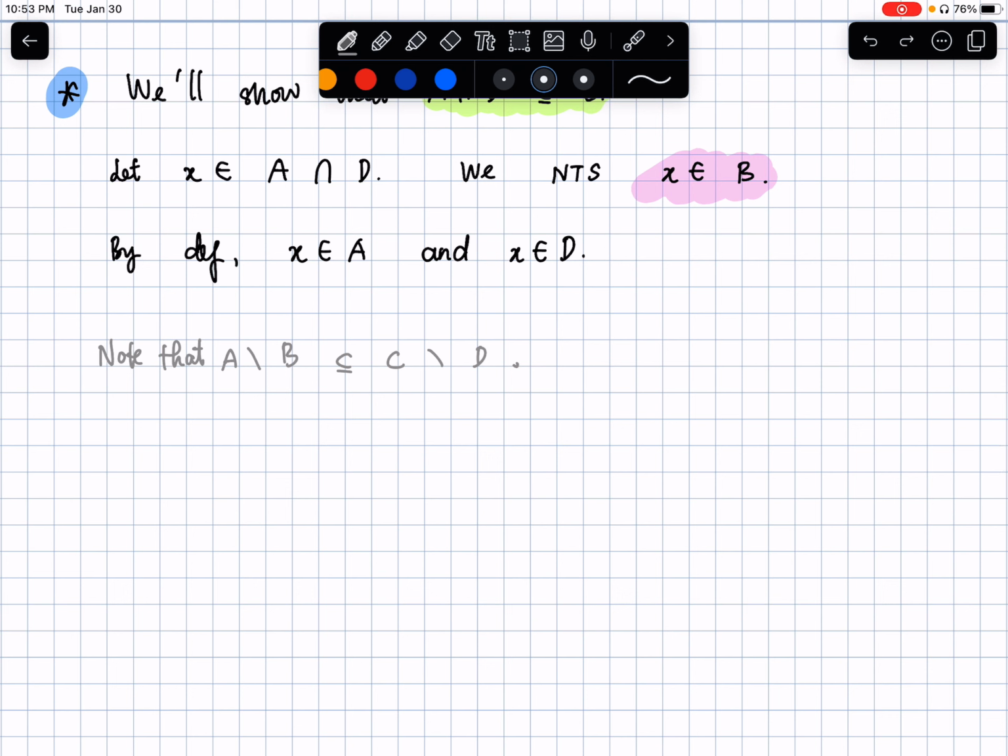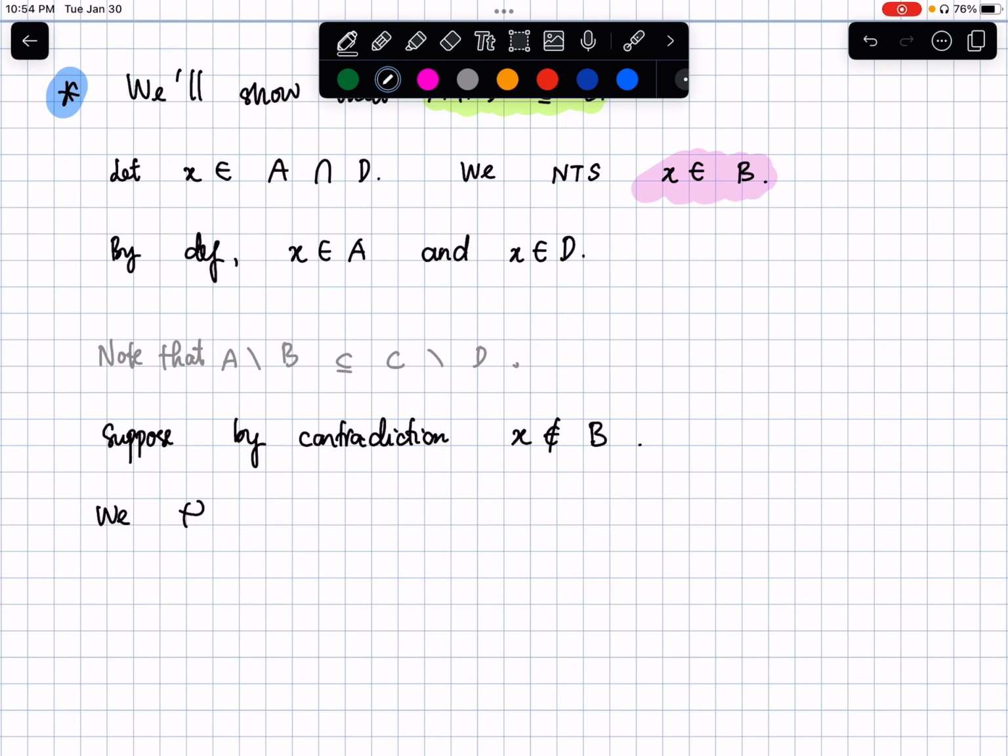So suppose, by contradiction, x is not an element of B. Then what?